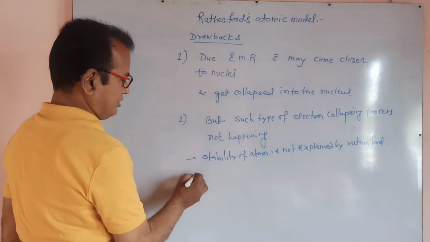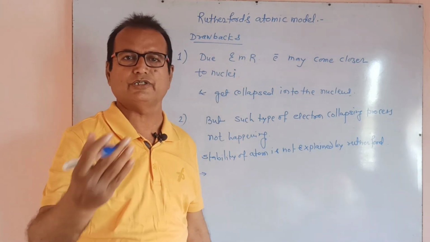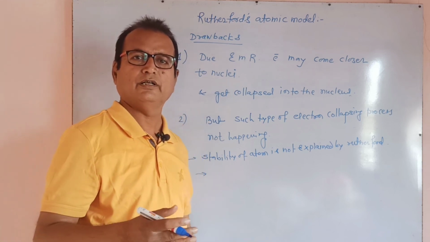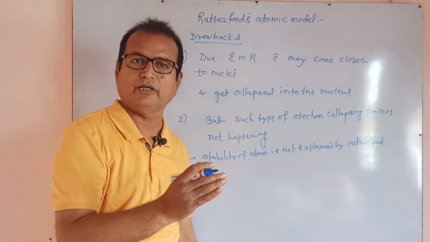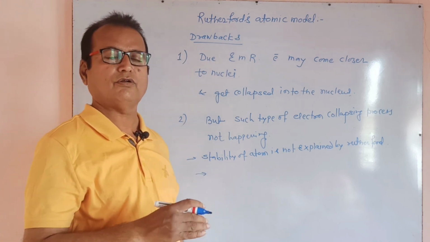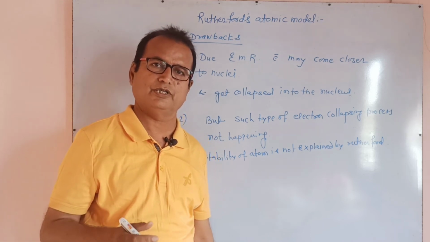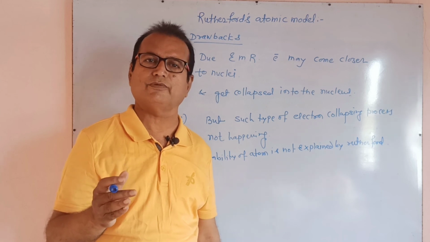Again, Rutherford suggests that some type of electromagnetic radiation takes place by the electron. With respect to that electromagnetic radiation, electrons work as a wave as well as a particle. When the electron works as a wave, there is continuous emission of energy, and when it works as a particle, discontinuous emission of energy.